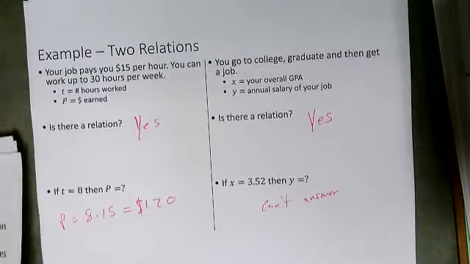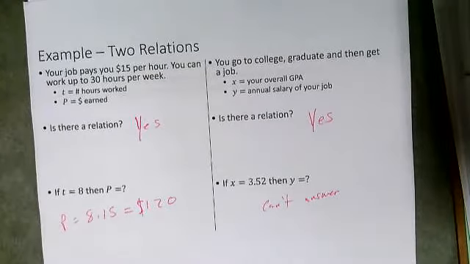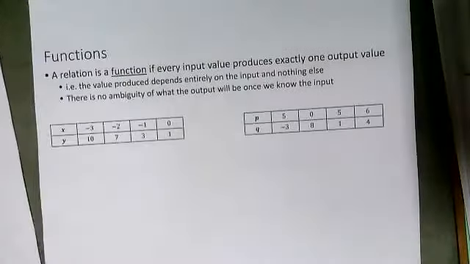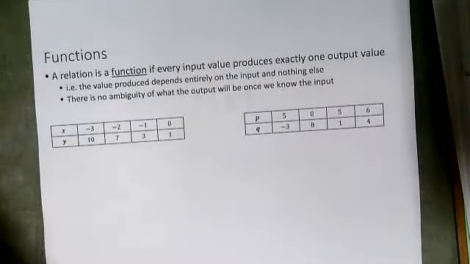So this brings us to functions. A function is a special kind of relation. A relation is a function if every input value gives off exactly one output value. So you plug in the value and you get exactly one back.